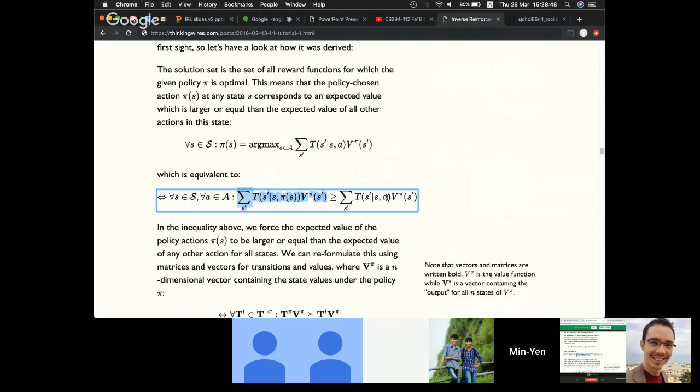Any questions? I'm not clear whether A here also includes the optimal action. I think it is, because in most of the equations I saw, whenever they didn't explicitly mention a particular action, that means the set of all the actions. Set of all the actions.